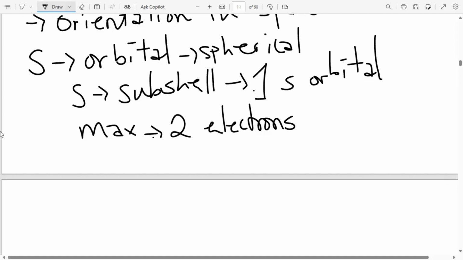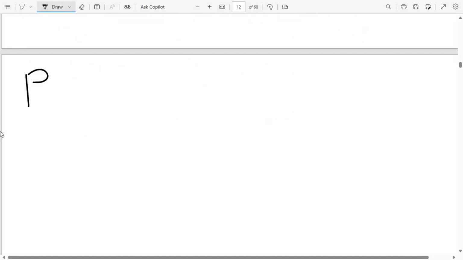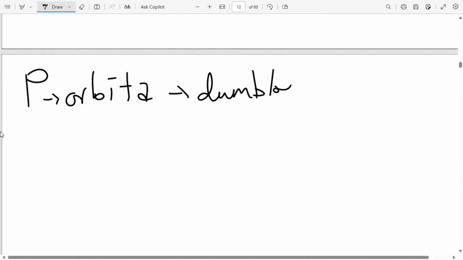We can move on to the next one, which is the p orbital. The p orbitals, we said, possess a dumbbell shape. What else do they have apart from a dumbbell shape?